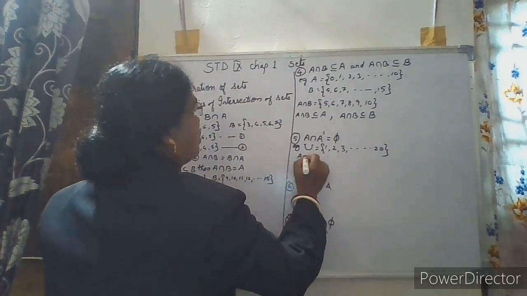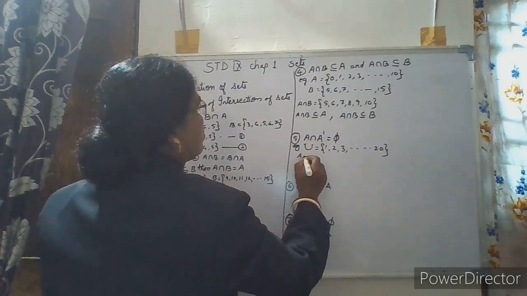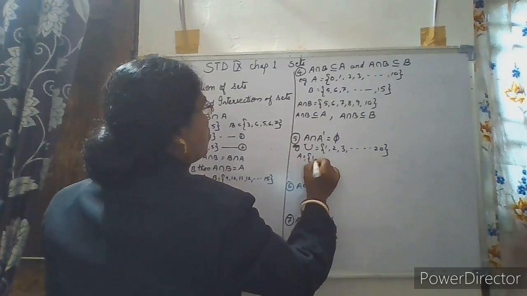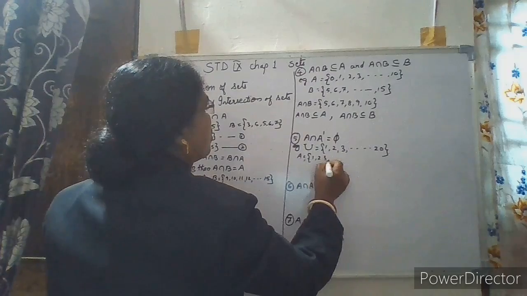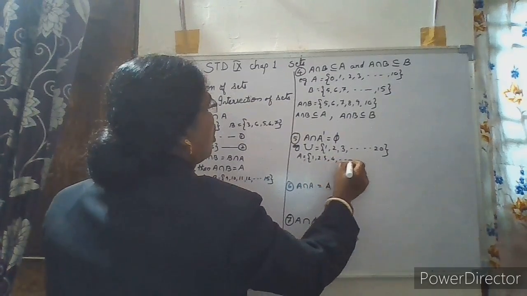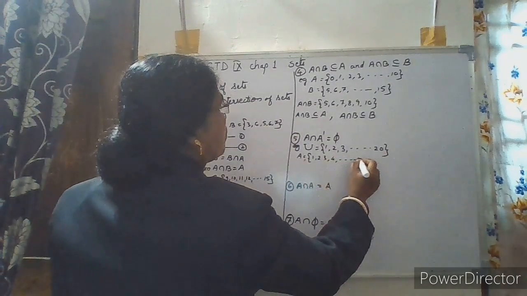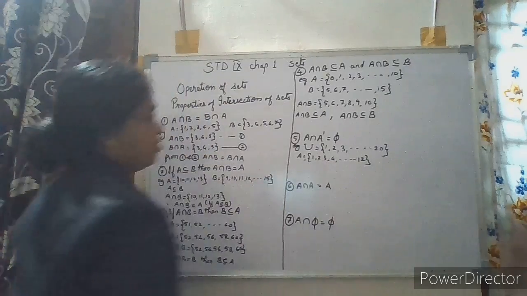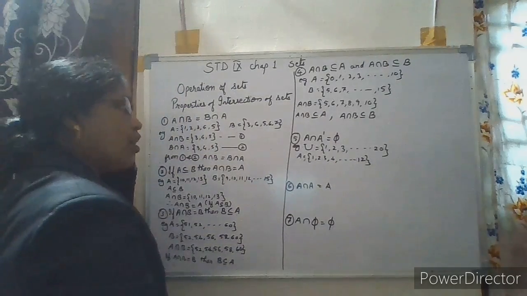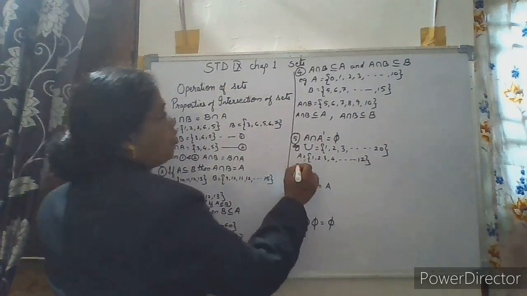Then set A, suppose, is 1, 2, 3, 4 up to 12. This is set A. Now what is the complement of A?